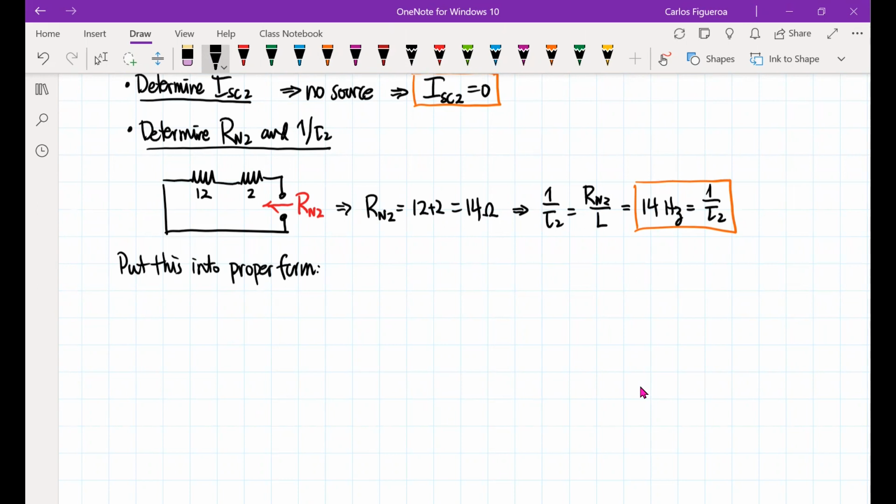So when I put this into proper form, I now know that I have IL2 for t greater than 51 milliseconds. That has to be I short circuit 2 plus IL1 at 51 milliseconds minus I short circuit 2 times e to the minus, and look what I do.